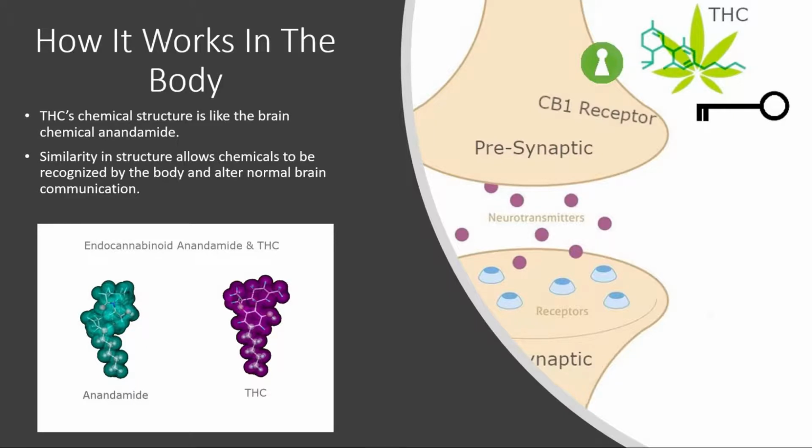But this actually attacks the presynaptic cell, so it causes a modulation to this cell. In this scenario, the CB1 receptor gets interacted with, the presynaptic cell could be releasing dopamine, and that causes an effect in the postsynaptic cell. That's what leads to most of the effects from cannabis.